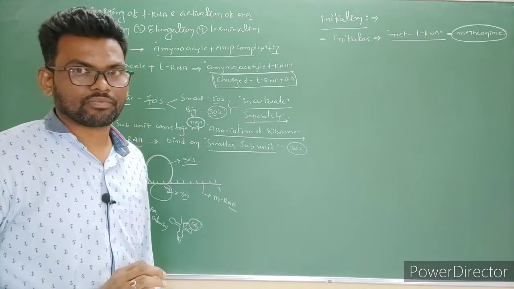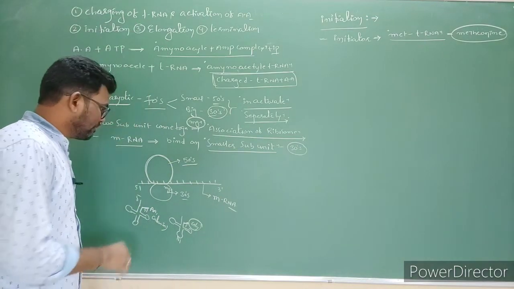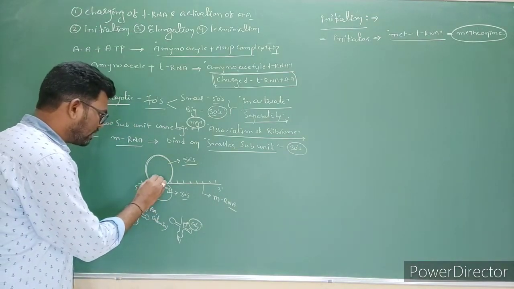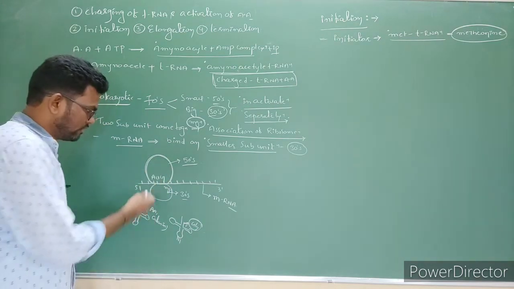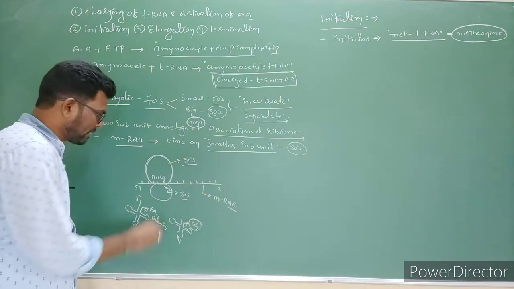That is the concept, right? Here AUG is actually the codon present on the mRNA.